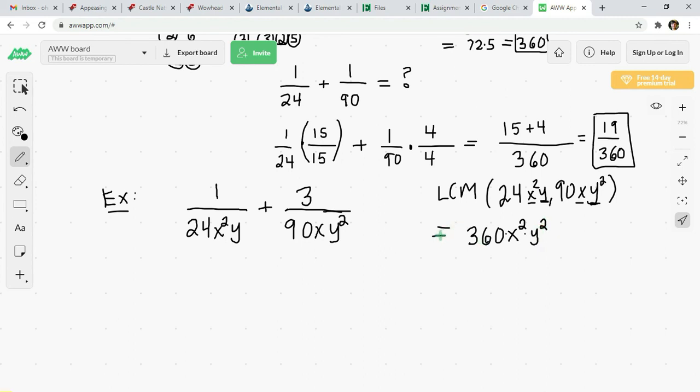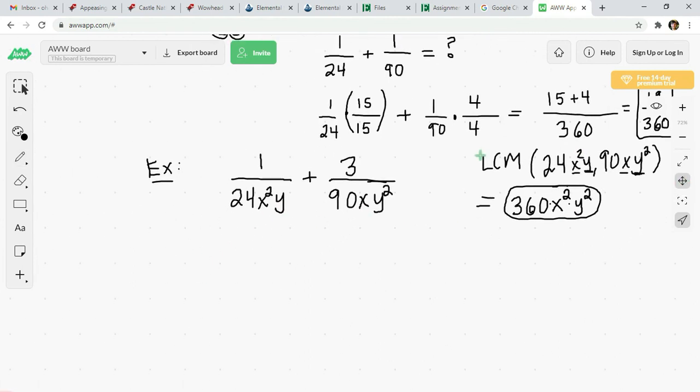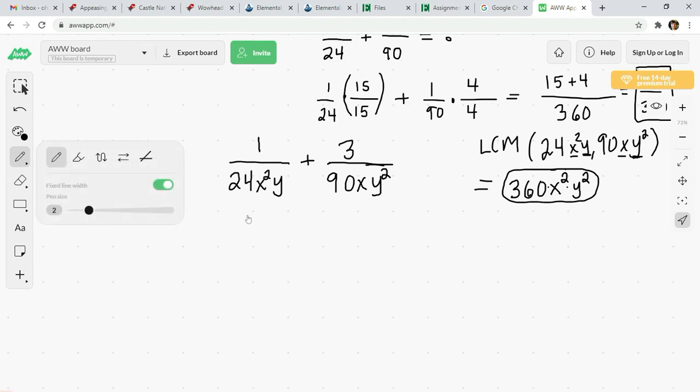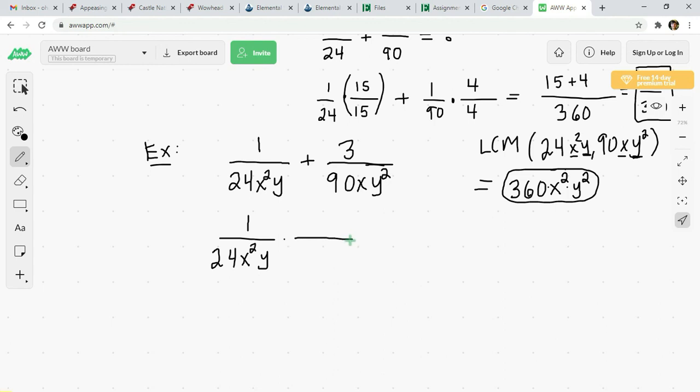So now what we need to have happen is we need to have this as our least common denominator. So just as before, I'll pull this down. I'll write this as 1 over 24, I'll just kind of rewrite it, but leave myself a little bit of extra room to multiply on the top and bottom by something.